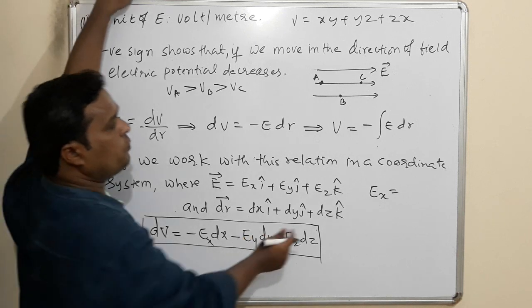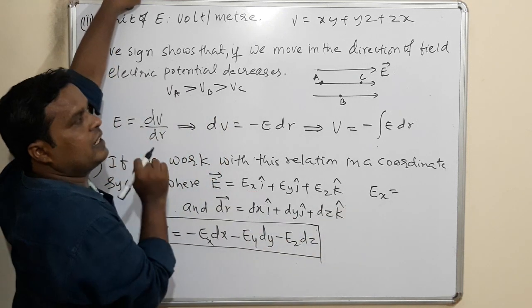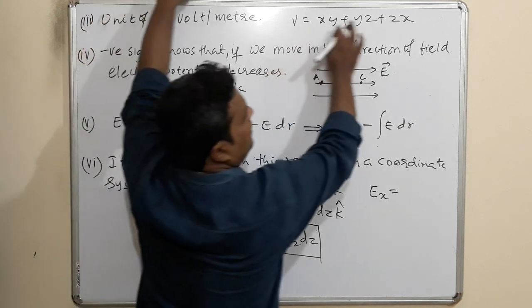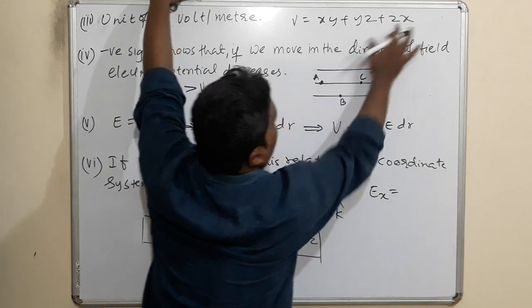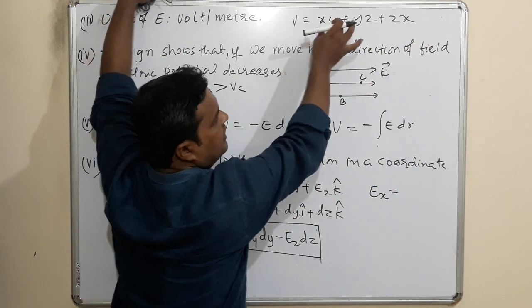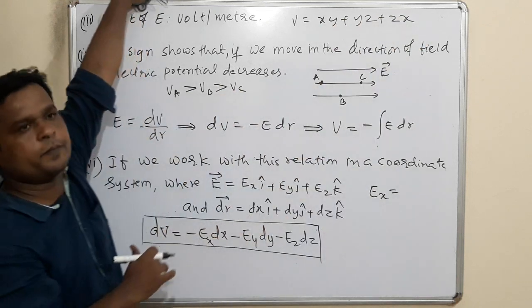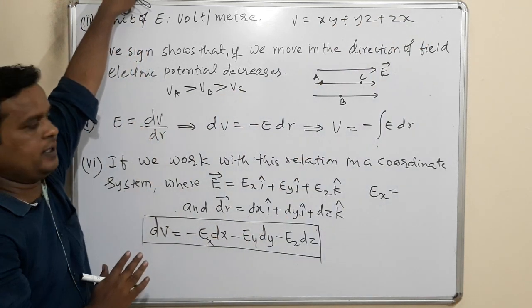If I want to find the Ex component, I will see in how many terms x is there. In two terms x is there. Then I will differentiate this potential function only with respect to x, keeping the other terms constant.